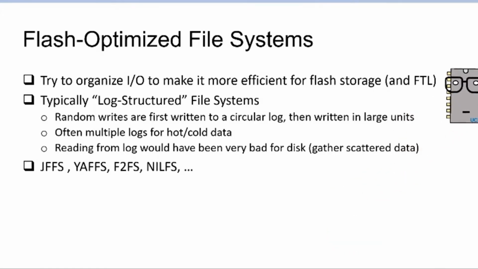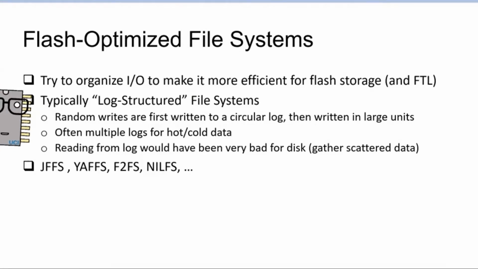The big MO of this subtopic is that it tries to organize I/O to make it more efficient for flash storage, and the fact that it has an underlying FTL. Typically, flash optimized file systems come in the form of so-called log structured file systems. This comes into play because, as we talked about in the last lecture, flash storage and most SSDs in general do very badly with random in-place updates.